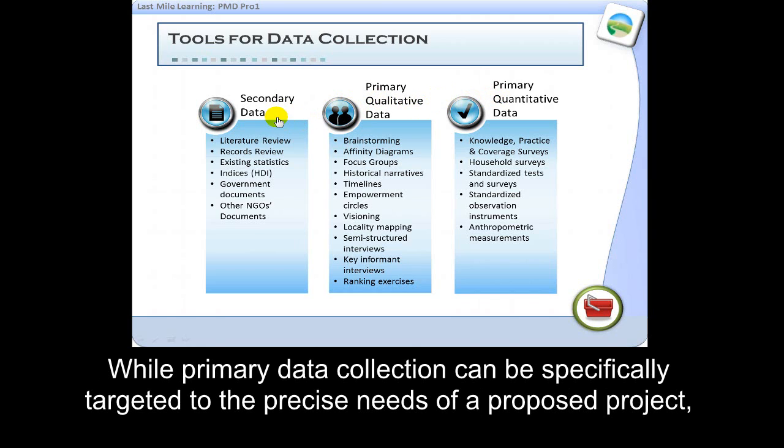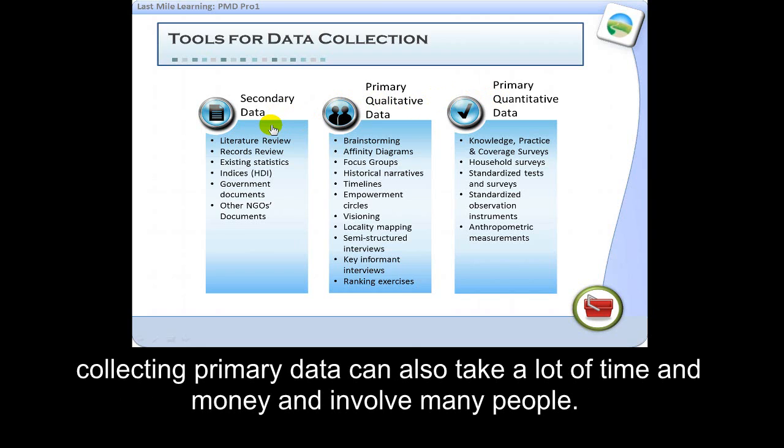While primary data collection can be specifically targeted to the precise needs of a proposed project, collecting primary data can also take a lot of time and money and involve a lot of people.